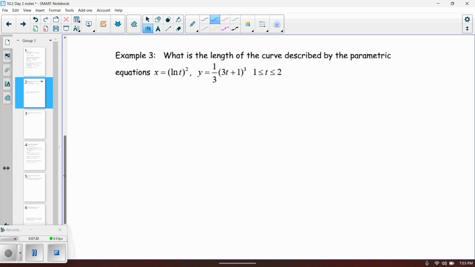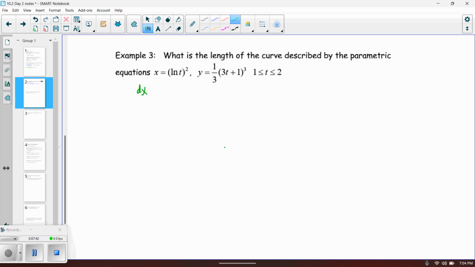All right, number 3. What is the length of the curve described by the parametric equations x equals ln of t, that whole thing squared, y equals 1/3 of the quantity 3t plus 1 cubed from 1 to 2? Again, same exact idea. We've just got to find the derivatives. These are slightly more involved derivatives, so let's just go ahead and write them out.